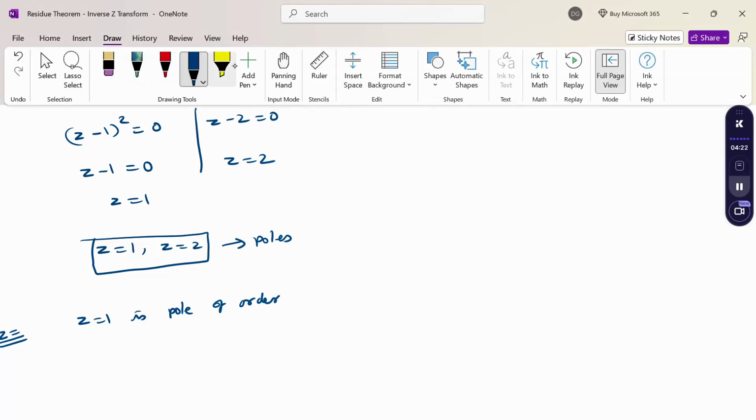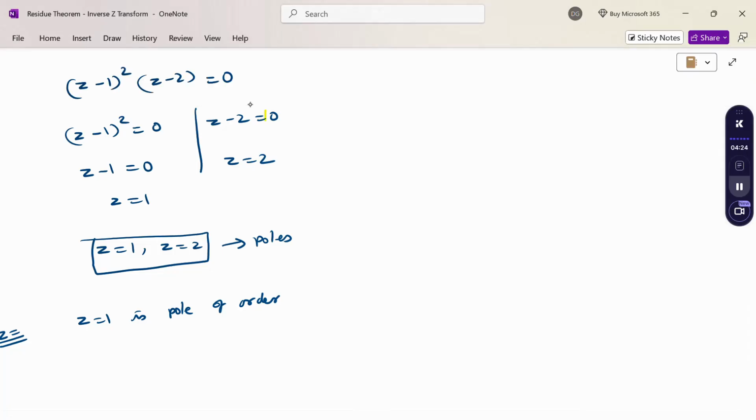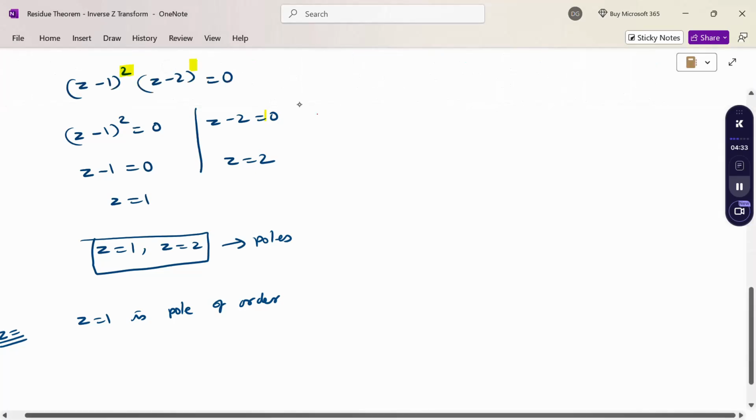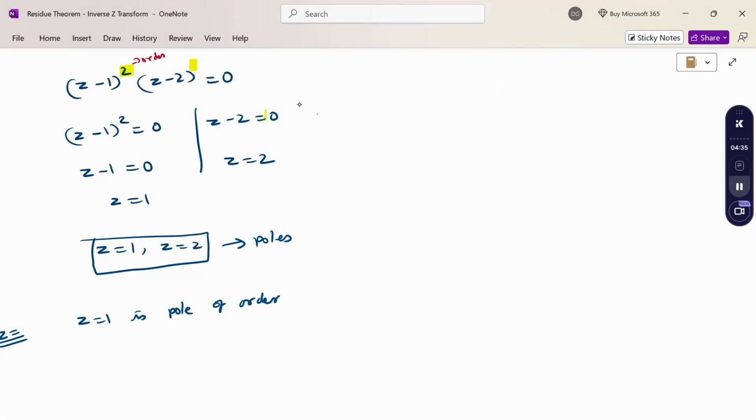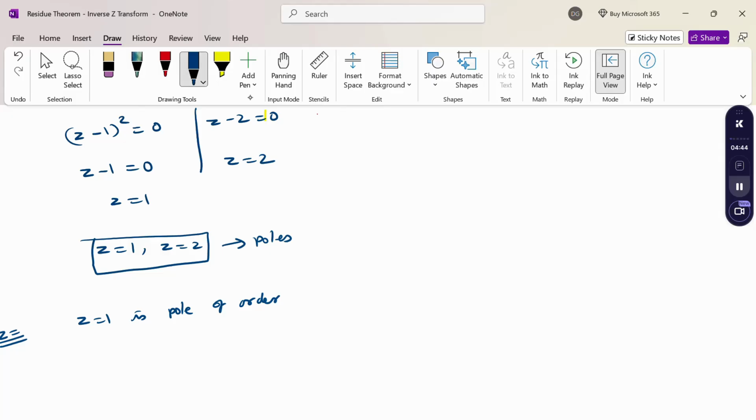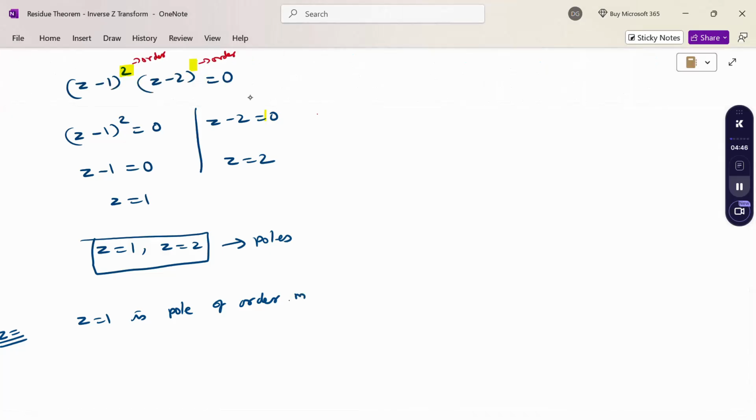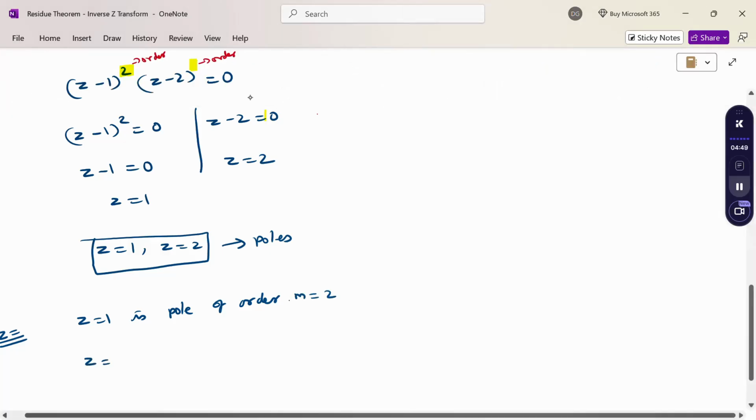Look here, what is the power? (z − 1) has power 2, so this is the order. Therefore z equal to 1 is a pole of order 2, m equal to 2. Then z equal to 2 is a pole of order 1.